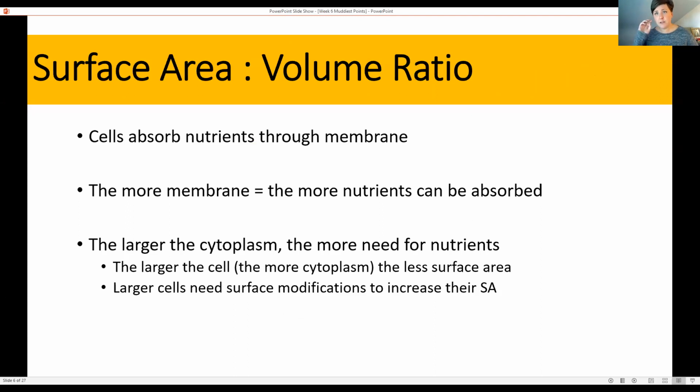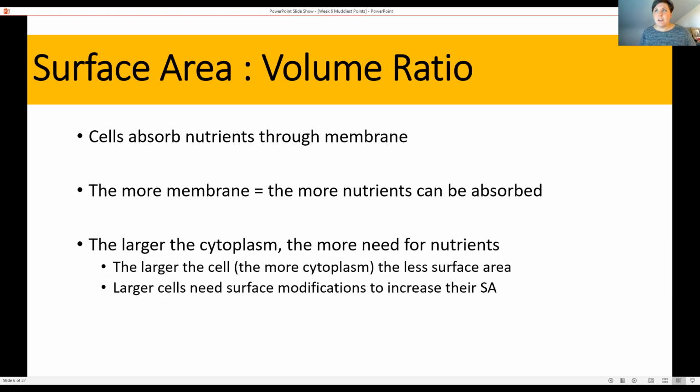We talk about surface area to volume ratio in biology because this is the reason that cells are microscopic. As cells get larger, their surface area to volume ratio decreases, which is not good for cells. And I'll talk about why in a minute.